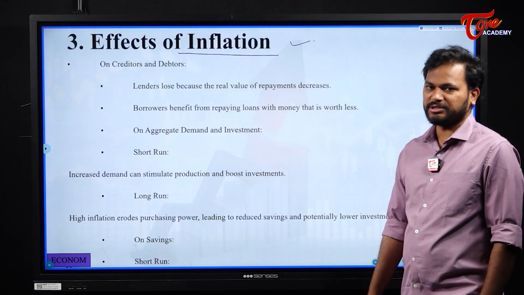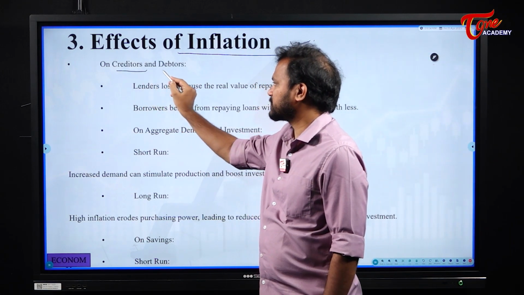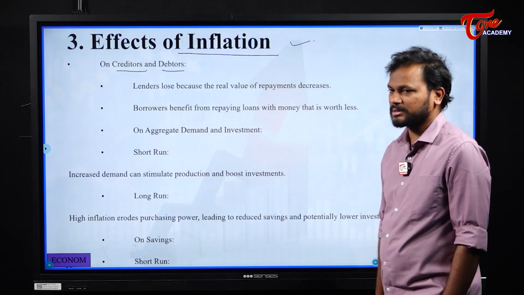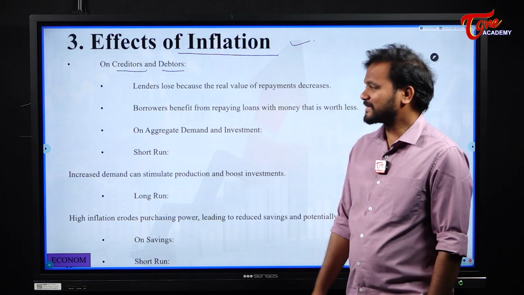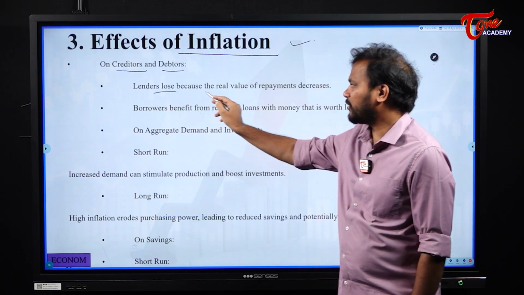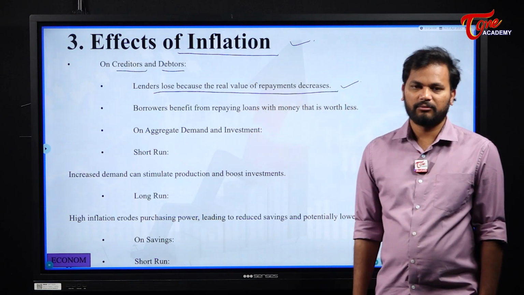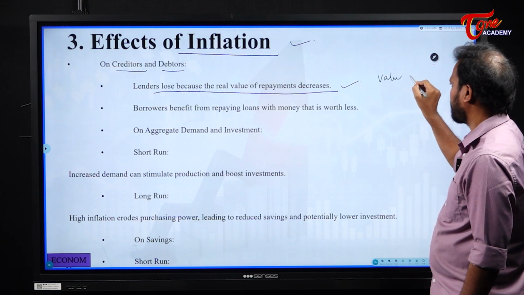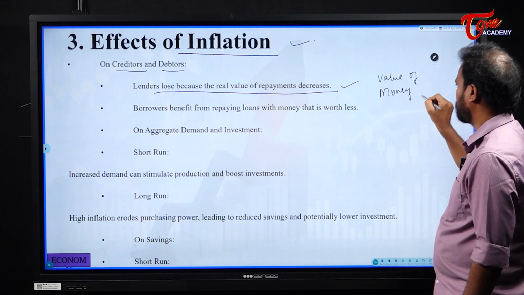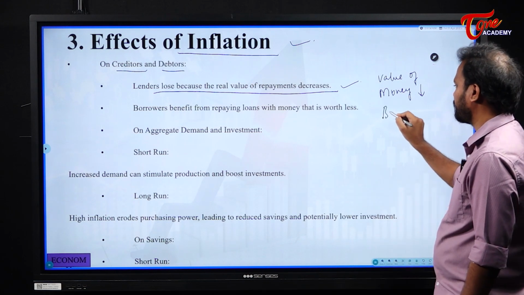Effects of inflation. This is very important. One, on creditors and debtors. First thing, as we have discussed in the previous slide, lenders lose because the real value of repayment decreases. Because when the value of the money decreases, the borrowers benefit.